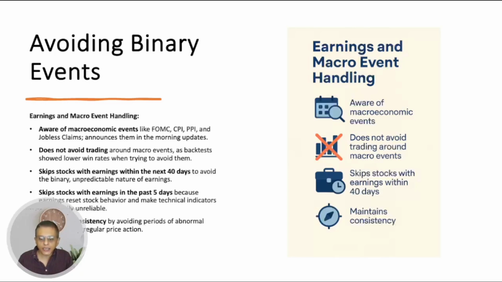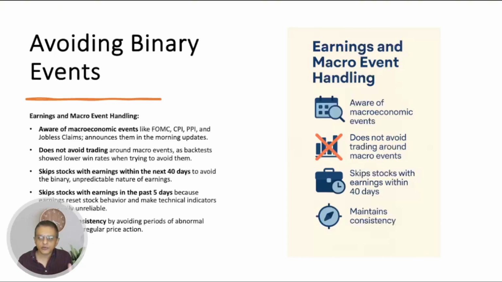So in all my tests spanning 10 years, it always did better in those cases where it did not skip trading. And again, this was a surprise for me because common sense would tell you that skipping trades around these binary events should give you more consistent profits, but that wasn't the case. It doesn't use macroeconomic binary events to change the way it trades.